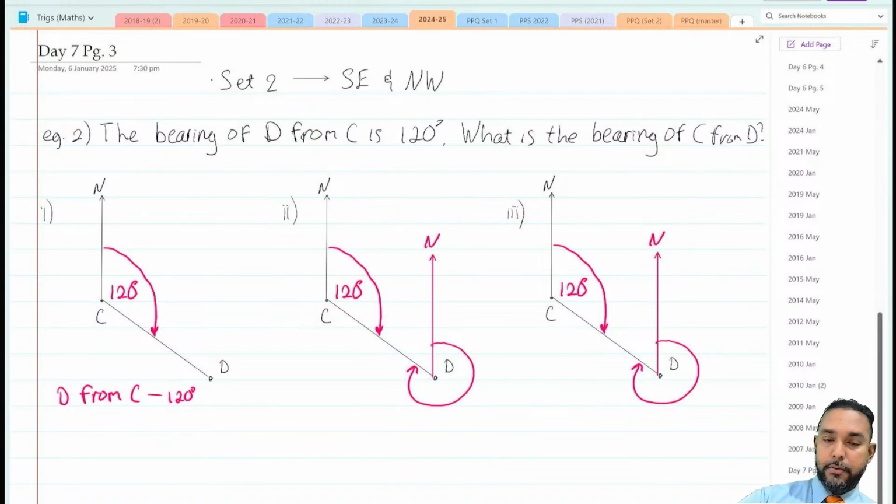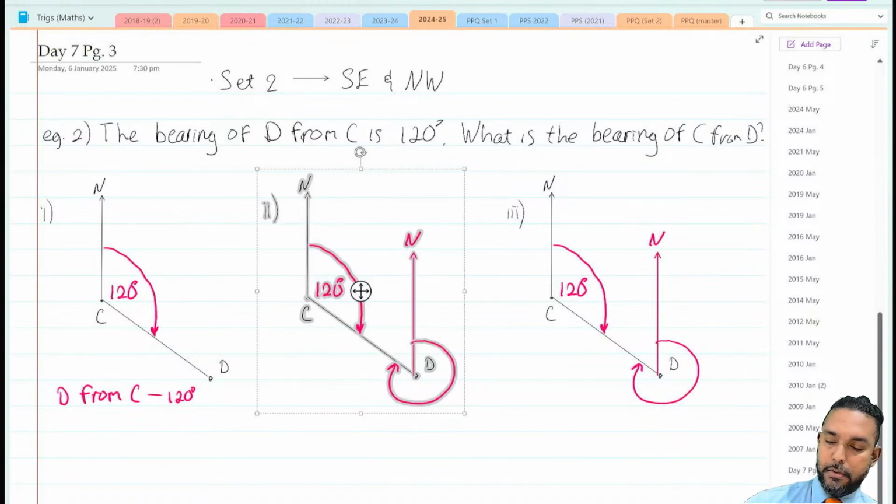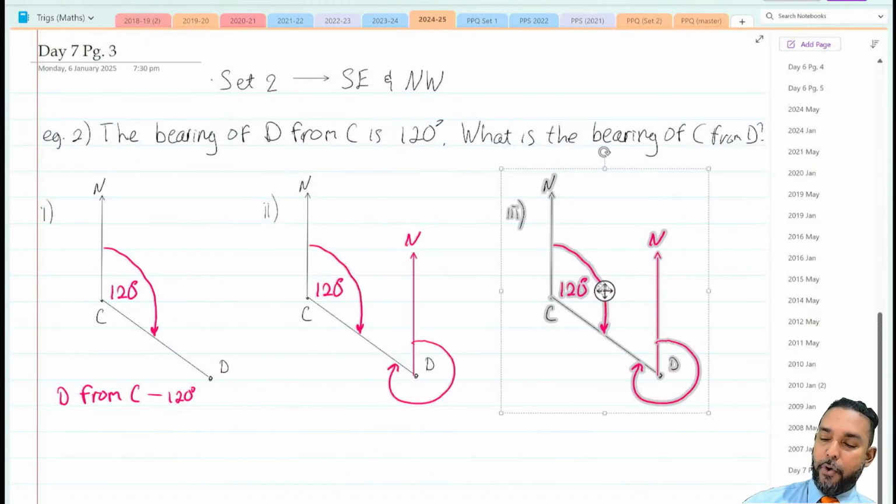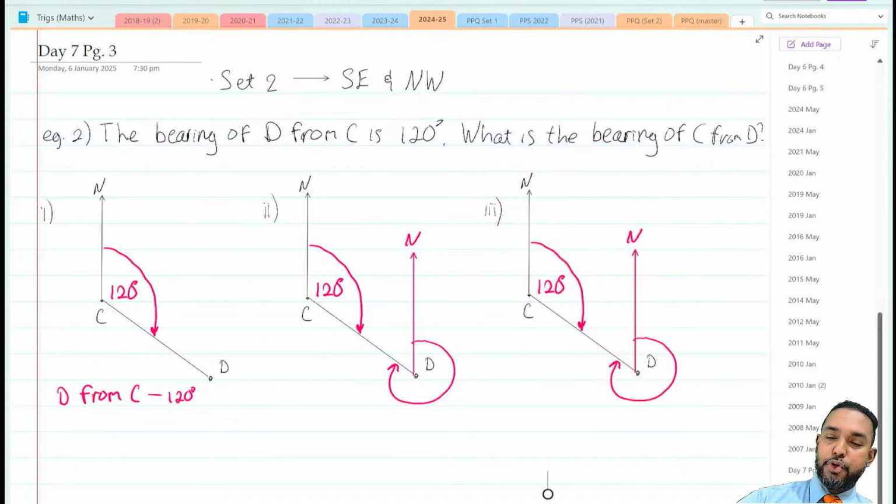We do the same thing we did before: we extend the line joining the 2 points. And what do we see happening? The same thing that happened before.